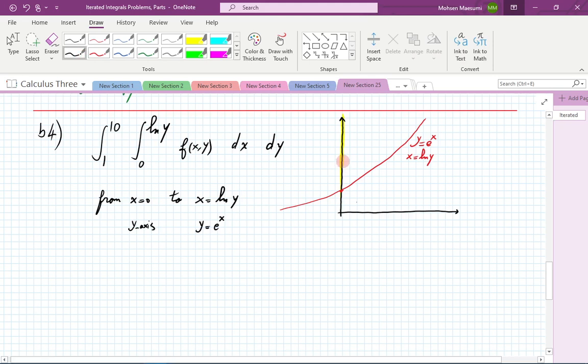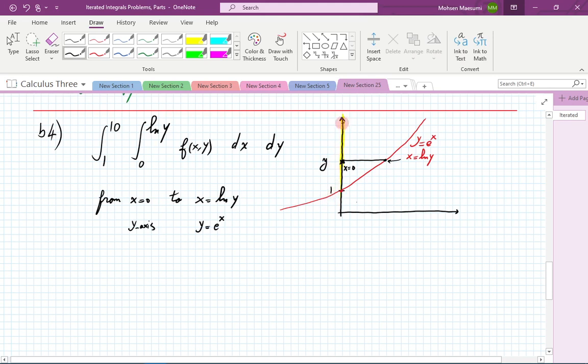So if I pick a particular y to start at, I start stretching from x equal to 0. So this is x equal to 0. I go as far as x is equal to logarithm of y. Once that is done, my y, the second sweep, goes from 1 to 10. Where is 1? Well, exponential of 0 turns out to be 1. That's where we start.